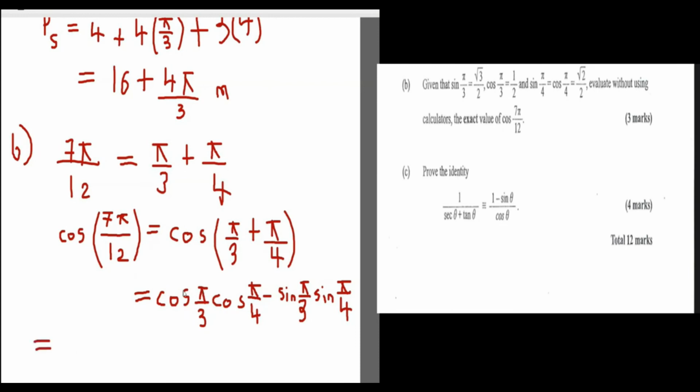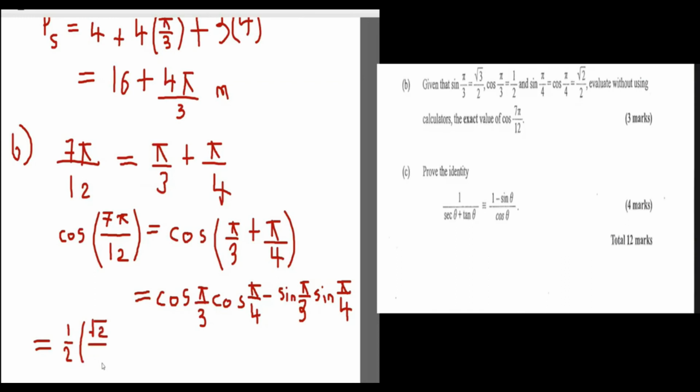So cos pi by 3, they told us that cos pi by 3 is a half. So this works out to be a half times cos pi by 4, which they say is root 2 over 2.